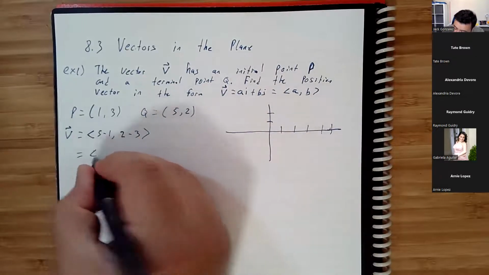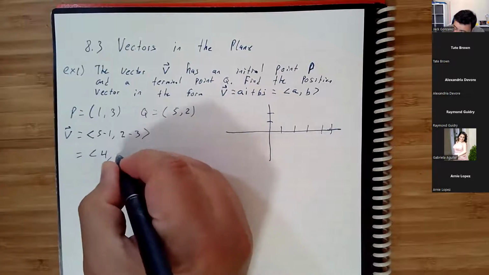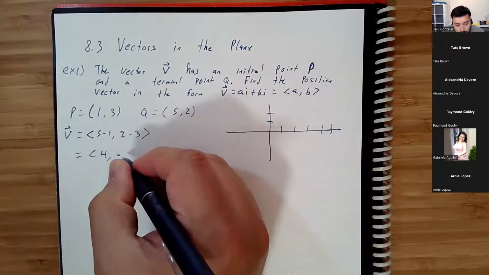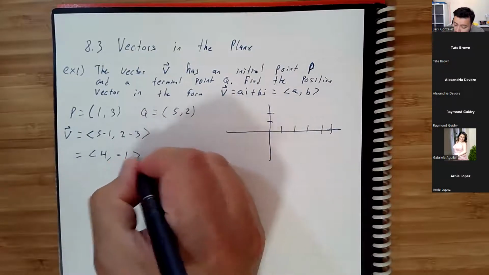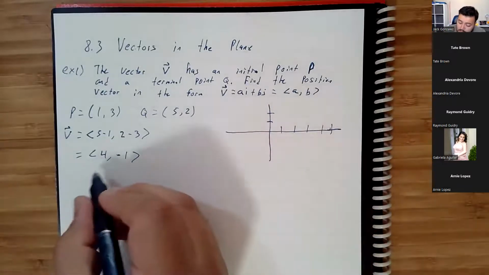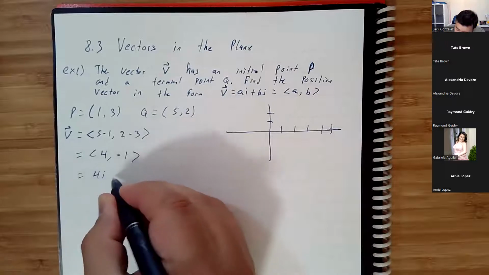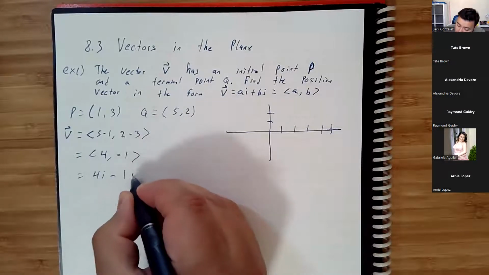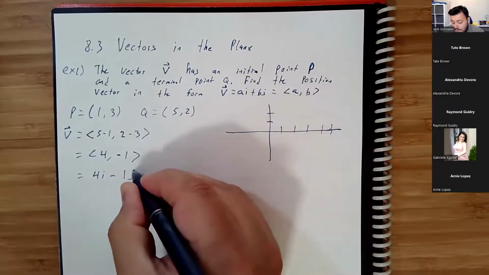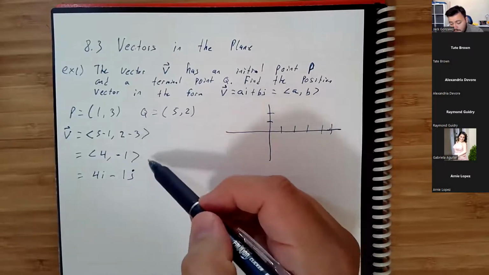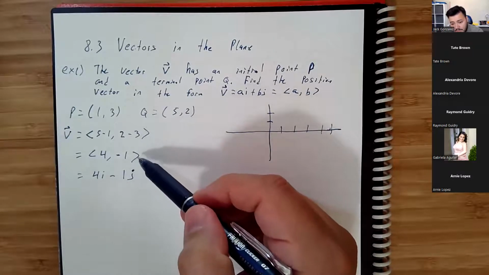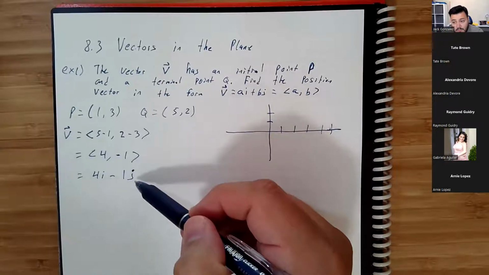So that will be 4, negative 1. So if I use this bracket notation, 4, negative 1 means it's 4i minus 1j. So either notation is fine. The brackets imply it's ij, or we can just straight up write it.